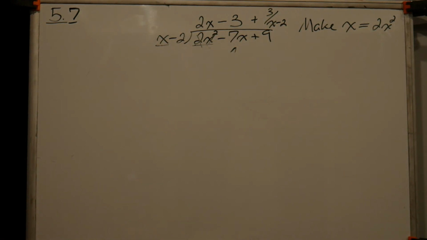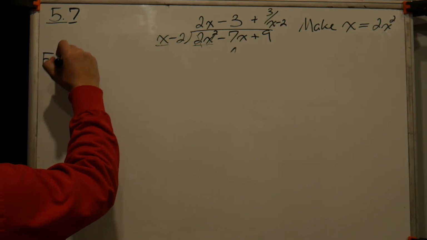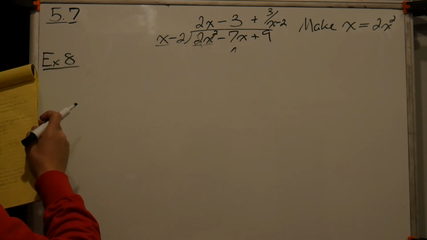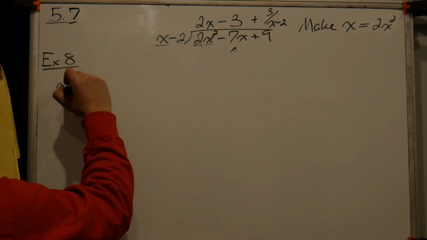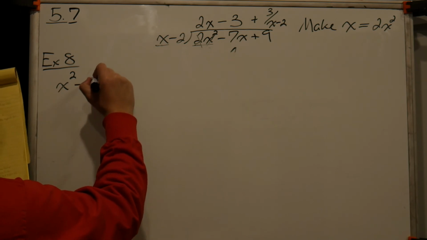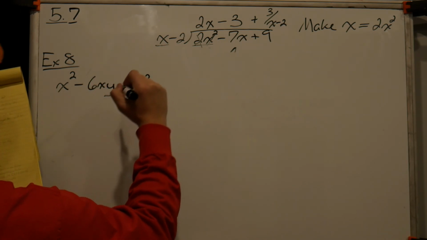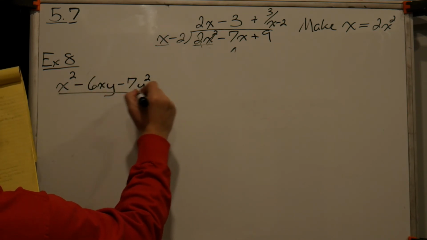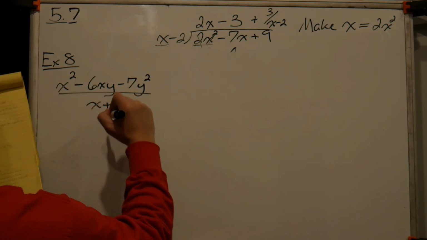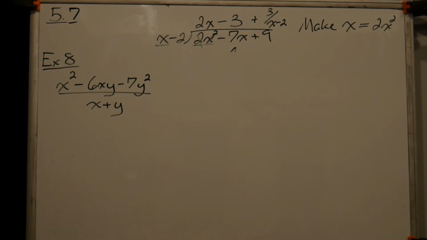I'll write another one down here. Example 8. I'll erase the rest of that in a minute if you're still running it through in your noggin. x squared minus 6xy minus 7y squared, all over x plus y.